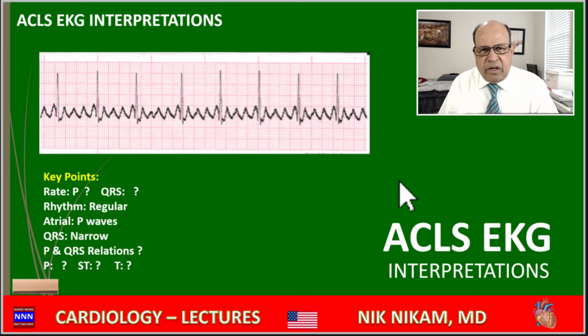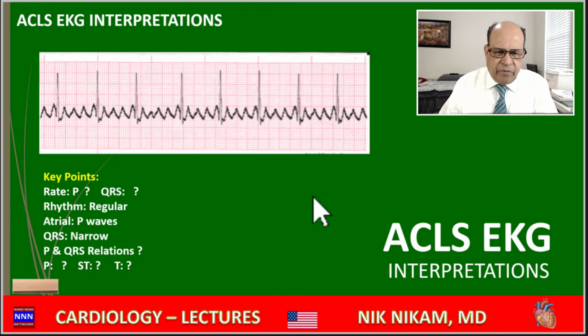All right, talking about arrhythmias, and here what is your diagnosis? Okay, we are dealing with atrial flutter with 4:1 conduction. The atrial rate is approximately 300 and the ventricular rate is approximately 75.